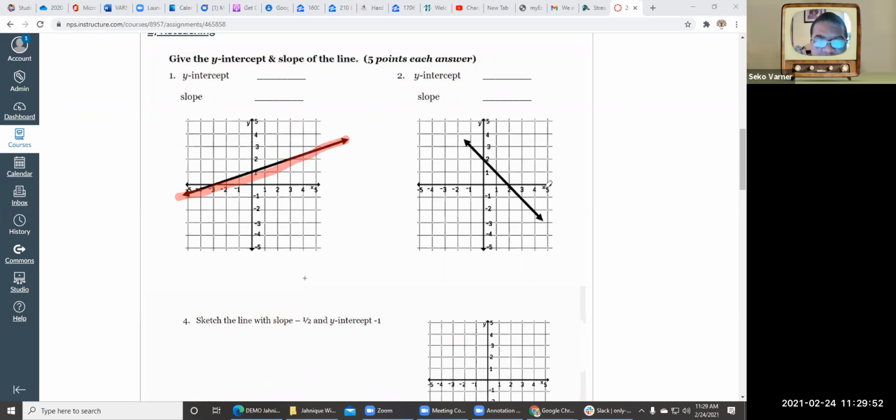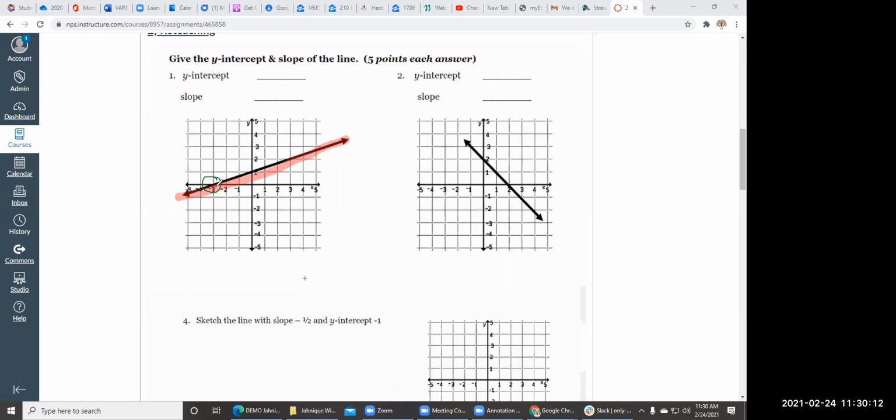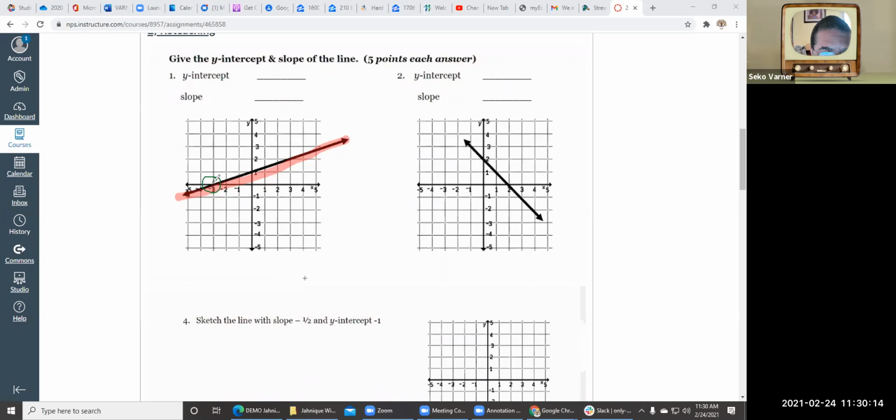This is the first exit ticket, number 19. So it crosses perfectly at this point. It also crosses perfectly at this point. It also crosses perfectly at this point.